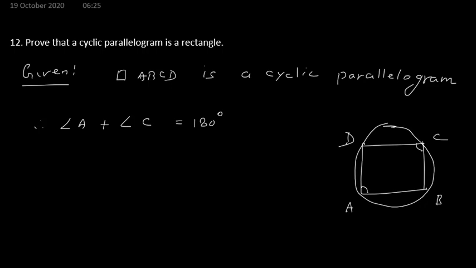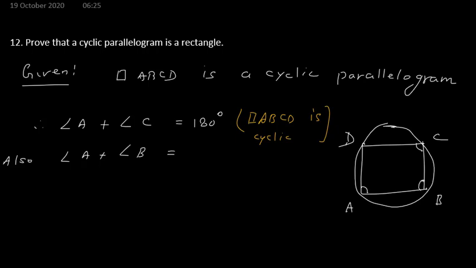What is the reason? Since ABCD is cyclic, the opposite angles add up to 180 degrees. Also angle A plus angle B, their sum is also equal to 180.